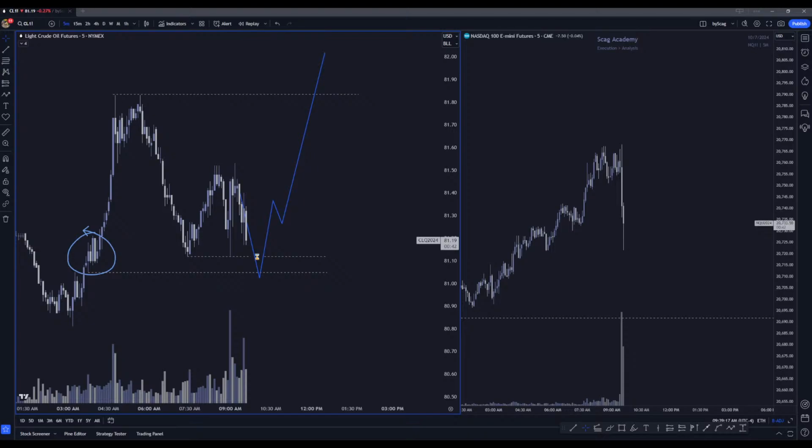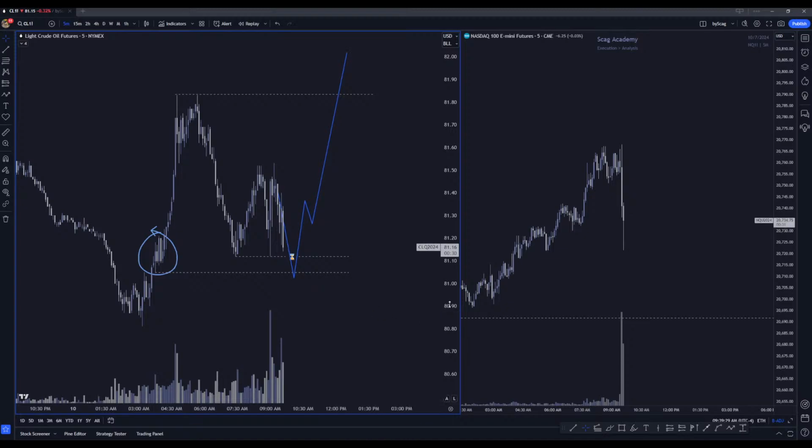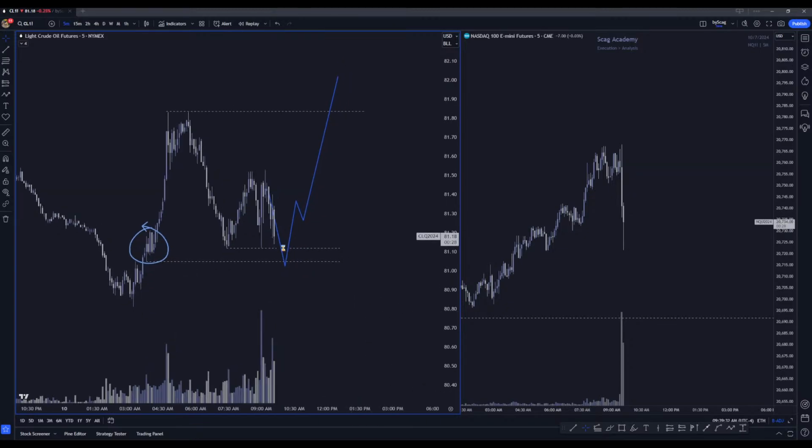There's still not too much going on here. Oil might take these lows, which again we're gonna watch, see if we can maybe snag a position here, if it's worth it. It might not even be worth it. Nasdaq with a little bit of a recovery there.